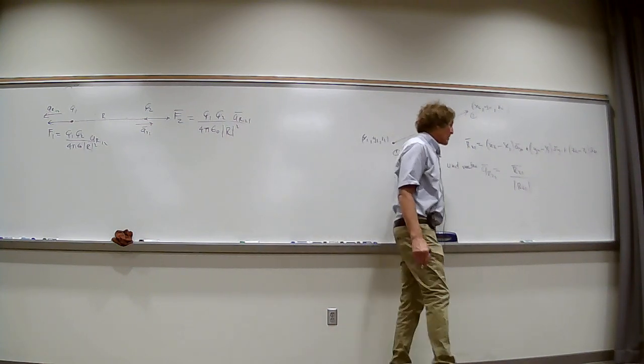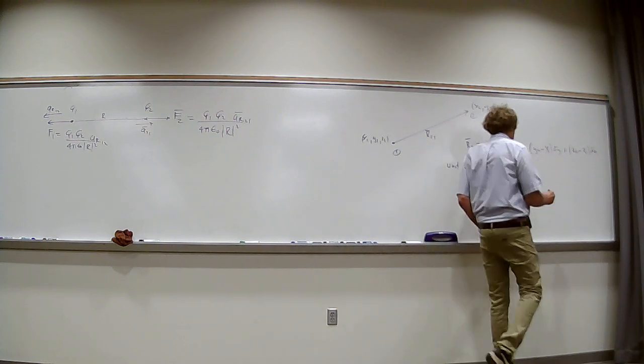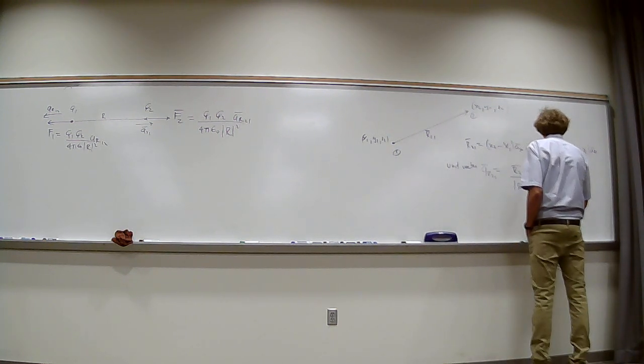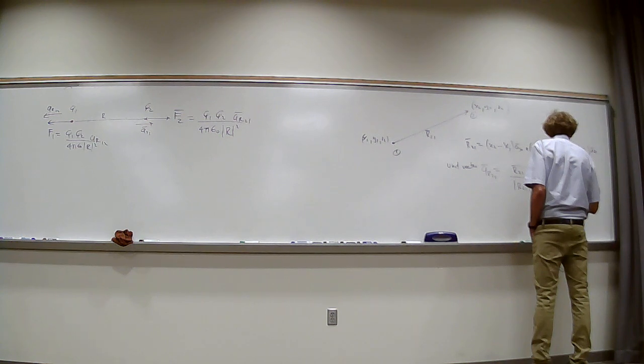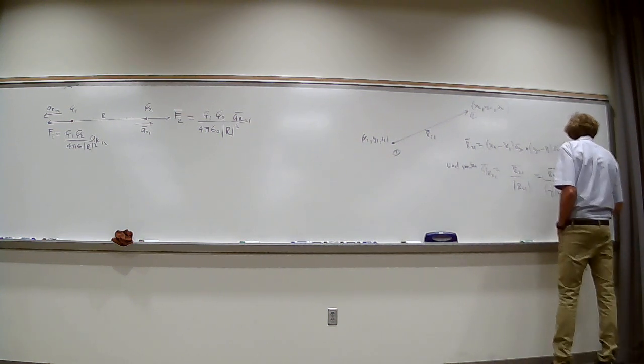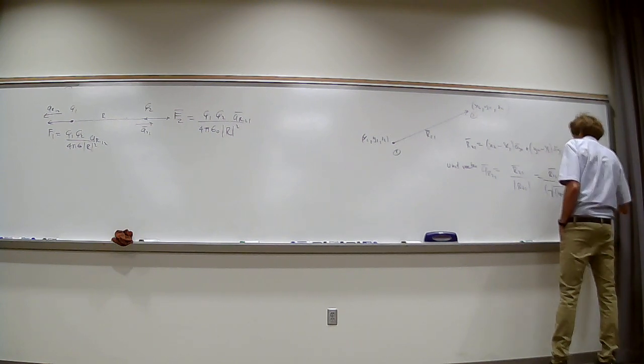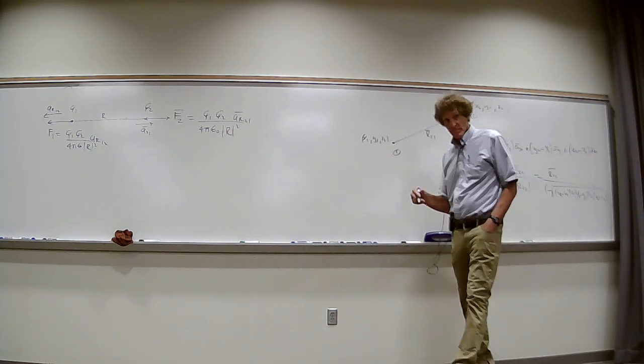That's right, you square the values, right? So this in itself is going to be this vector. I'm not going to write it all out. It's R21, divided by the square root of x2 minus x1 squared plus y2 minus y1 squared plus z2 minus z1 squared. And that would be a unit vector in that direction.